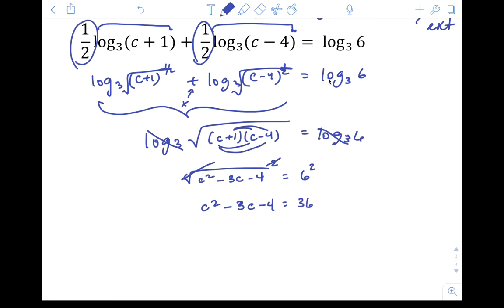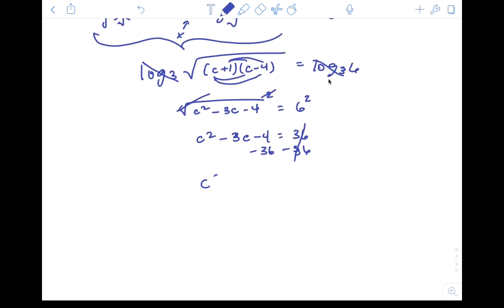Well, I've got c and c squared, so the odds are I'm going to have to factor. So I'm going to get everything together on that side. C squared minus 3c minus 40 equals 0. The factors of 40, negative, that give you negative 3.